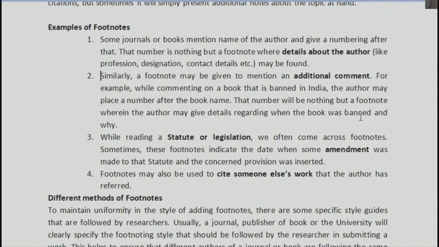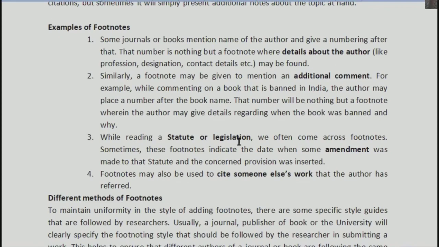Why was TikTok banned? When was it banned? By which notification was it banned? All the details I may give there in the footnote. So it may be details about the author or it may be an additional comment which I am making there. Okay? Okay.